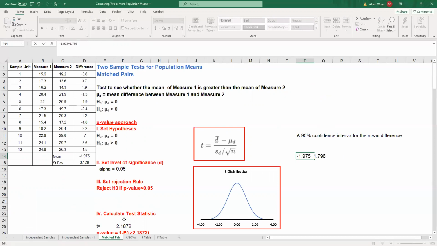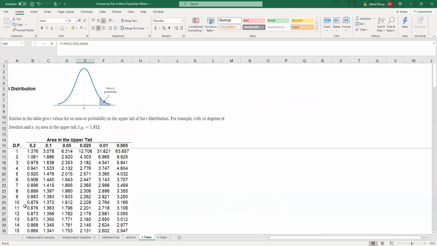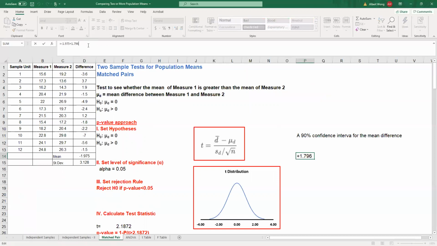Did we say 1.796? Yes. 1.796, yes. Right, times the sample standard deviation, which is 3.128, divided by the square root of 12, which is the sample size.